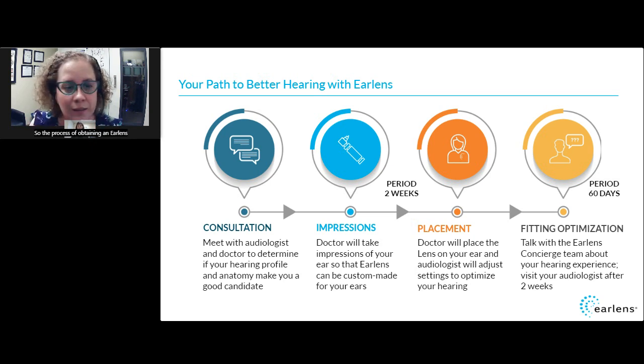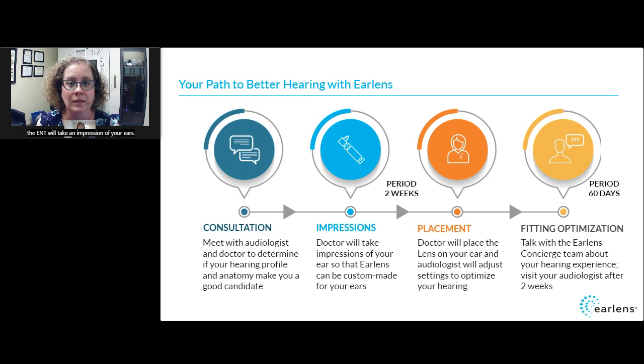So the process of obtaining an Earlens system is only a little different than purchasing traditional hearing aids. If you feel that the Earlens is going to be the best fit for you, then we will refer you to an ENT physician that we have partnered with and have a relationship with, that you will go and have your ears looked at to make sure that you have the proper canal anatomy and size and that the eardrum is easily accessible.